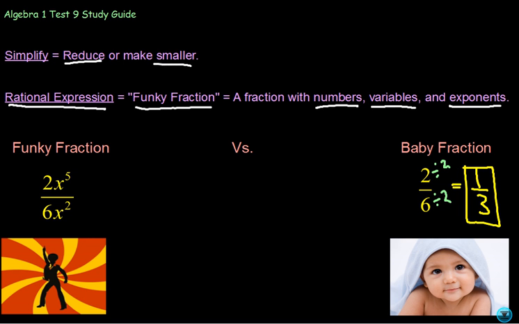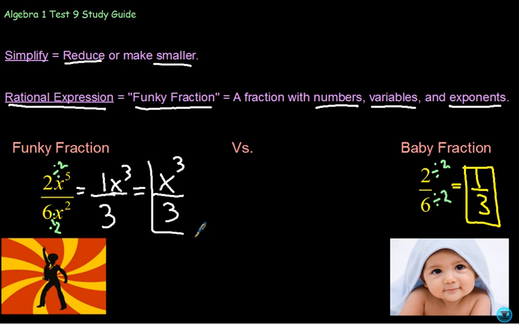The only difference is that in addition to having numbers, we've got some variables and we've got some exponents. But that's all right. We're going to take a look at how we would go about reducing a fraction that looks like that. But anyways, just keep that in mind. We're just working with fractions. They're just fractions that look a little different because there's some numbers, variables, and exponents in there.